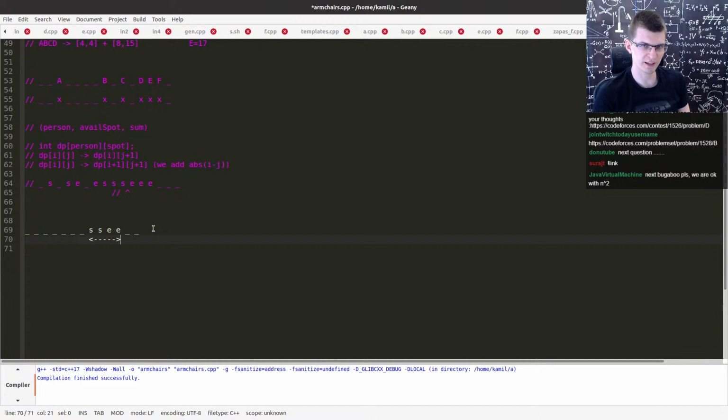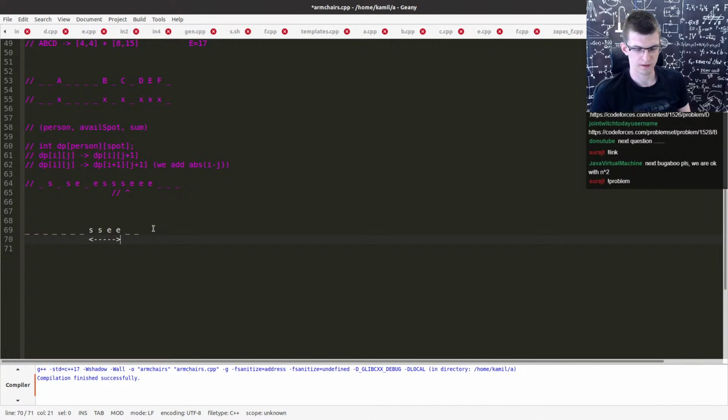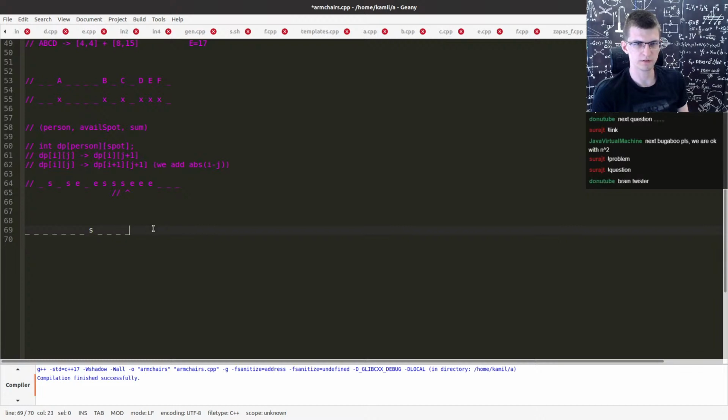Everything is either taken, there is a person there, or it's an empty thing where a person will go. In other words, if a person will move from this S to this E, if it will travel like this, it implies that everything in between is also used. Either there is a person sitting there right now, or there will be another person sitting there. So there will be no gaps.